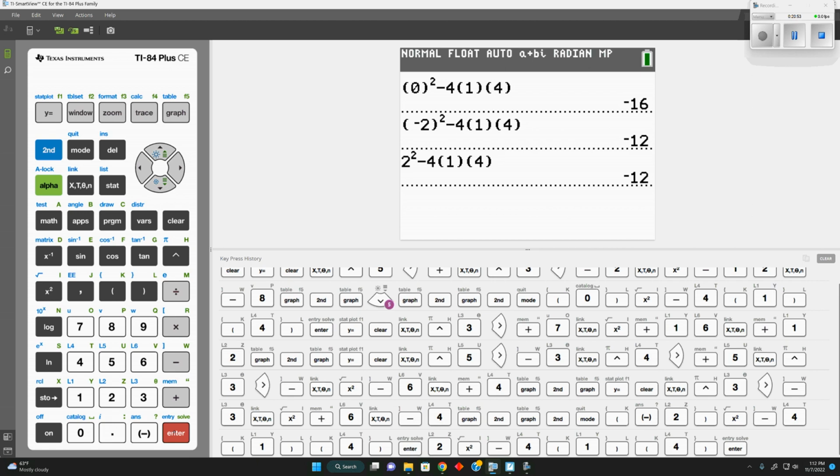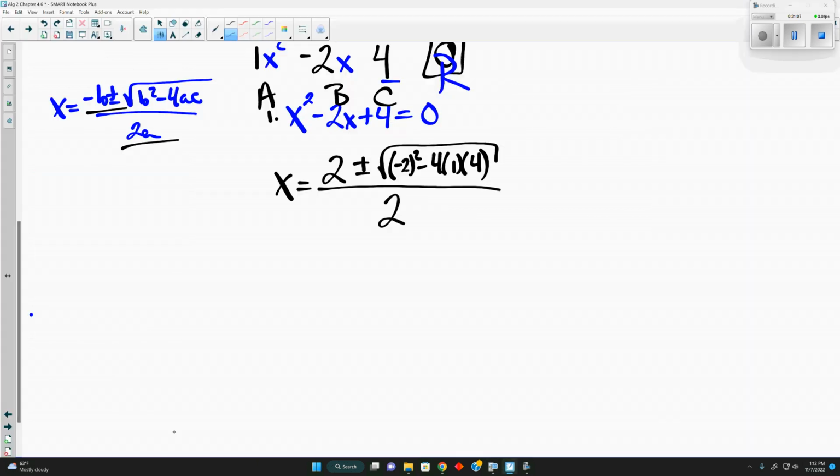Does that make sense? But if you're unsure on that, go and put the parentheses around it and keep the number the same. So what that tells us inside the square root is negative 12.